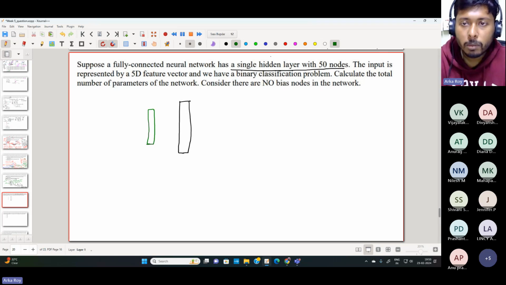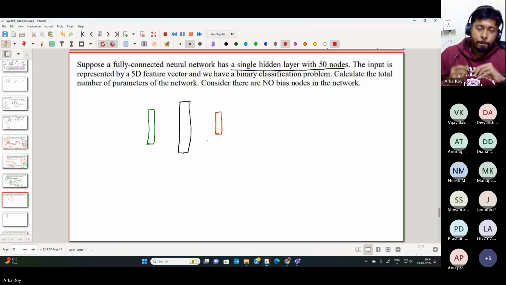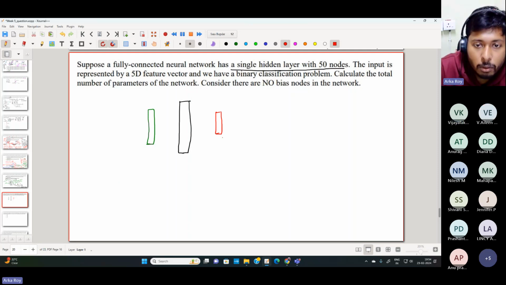Anyone? Input layer, hidden layer, and output layer. Yes, so this is your output layer. This is your input layer and this is your hidden layer.